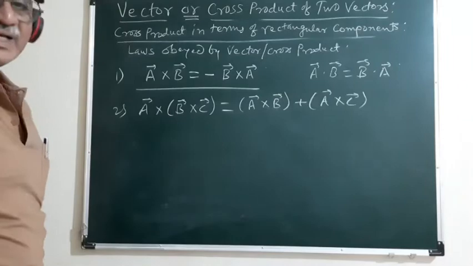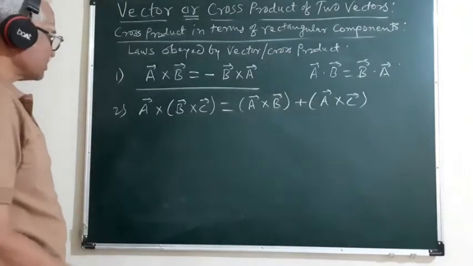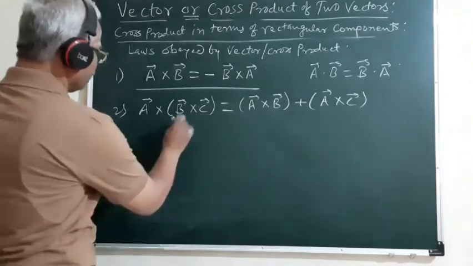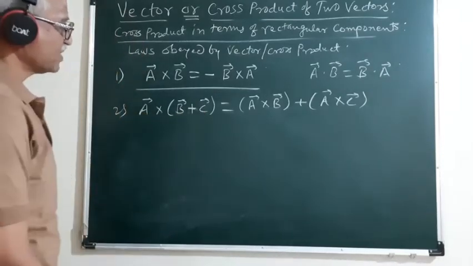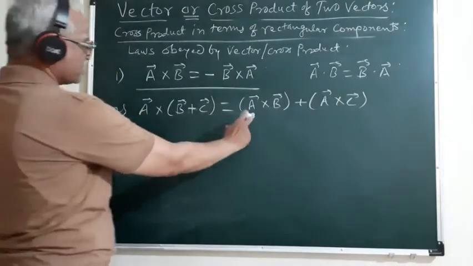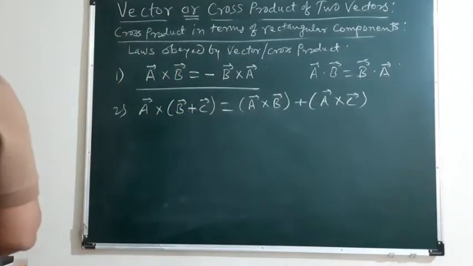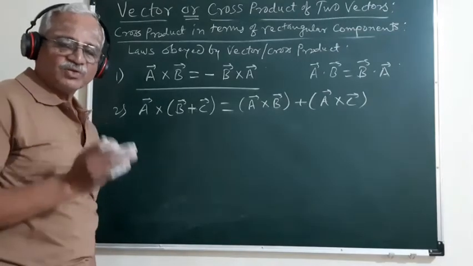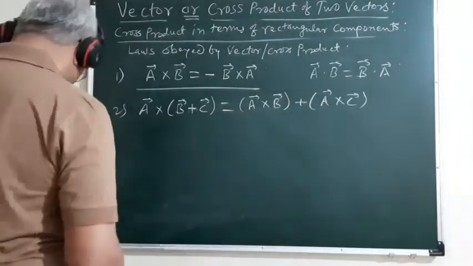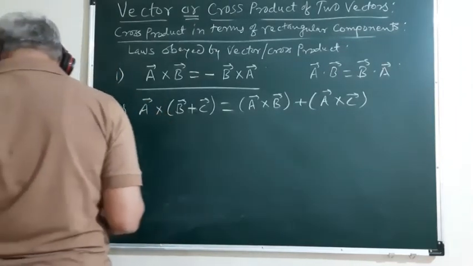Here it should be B plus C. So we say that the vector product of two vectors obeys the distributive law of multiplication. So this is the second law obeyed in case of the vector product or the cross product.